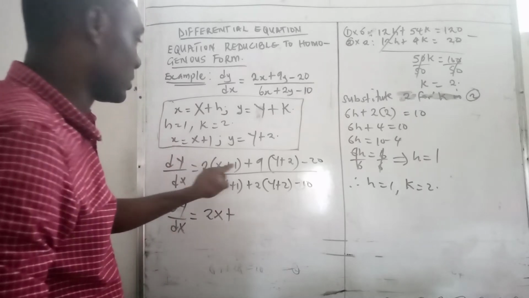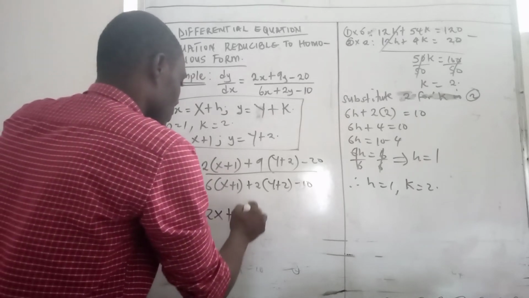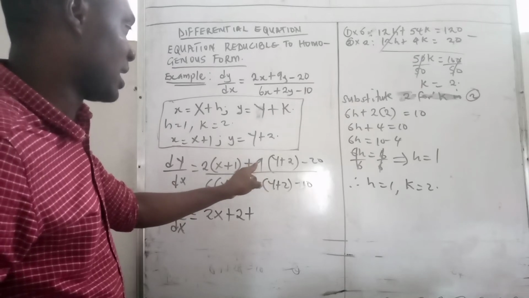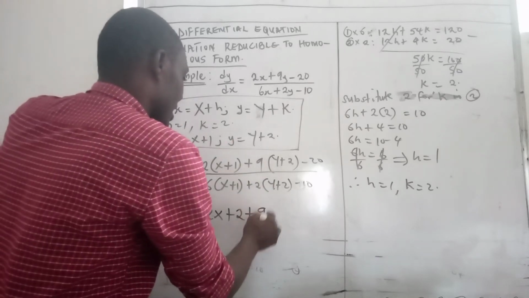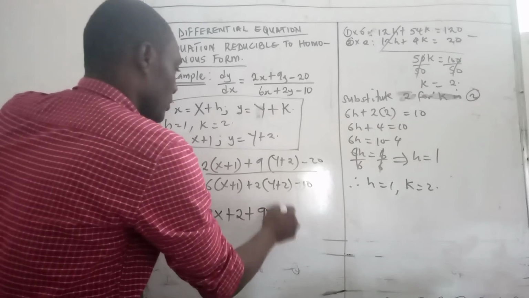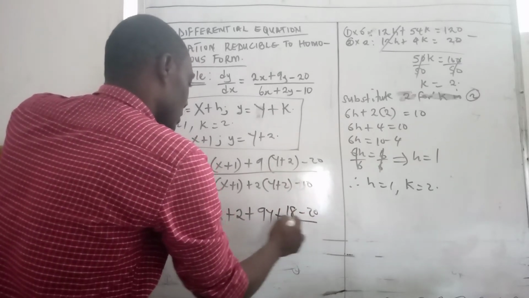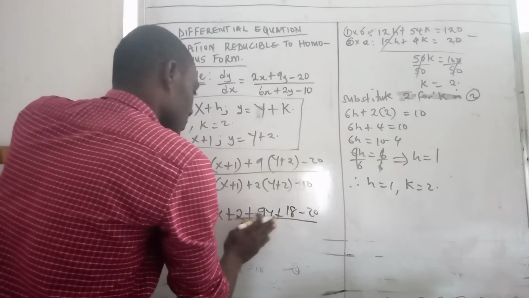2x plus 2 times 1 is 2, plus 9 times y, I have 9y, plus 9 times 2, I have 18, minus 20. Sorry.